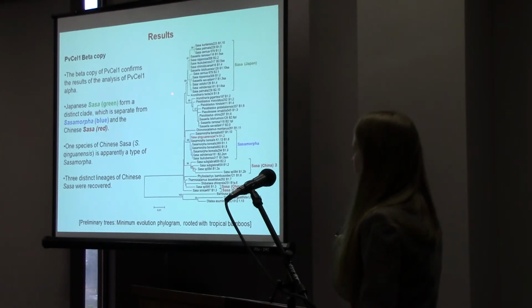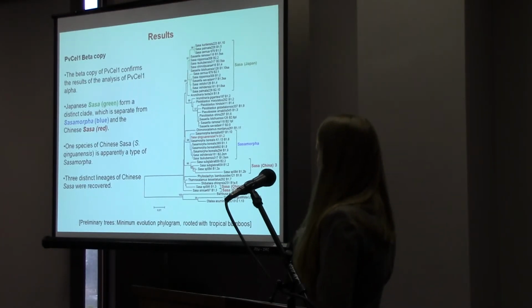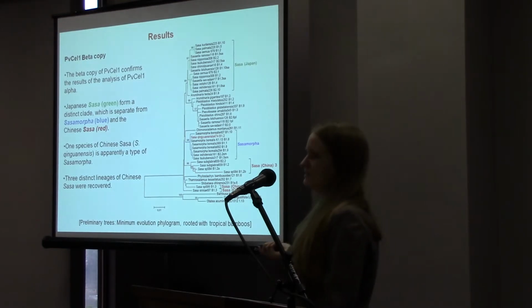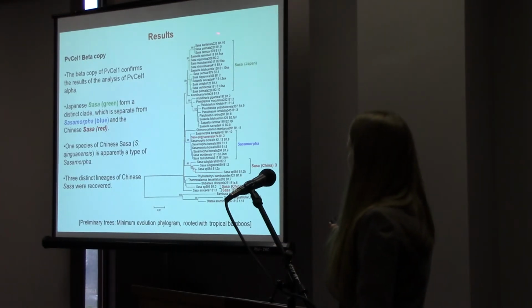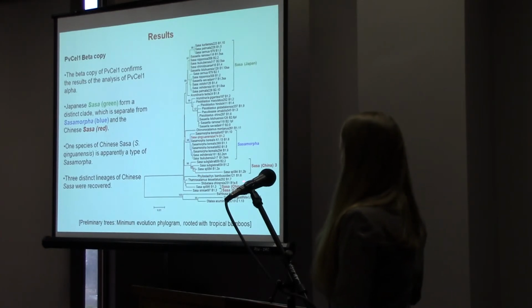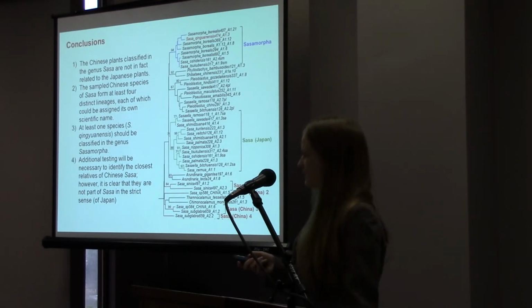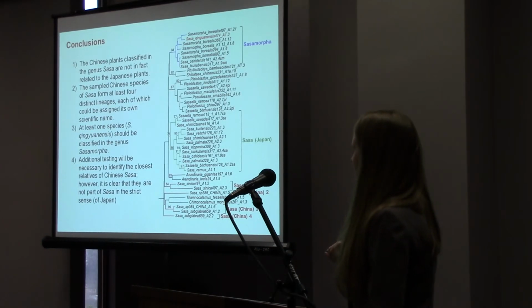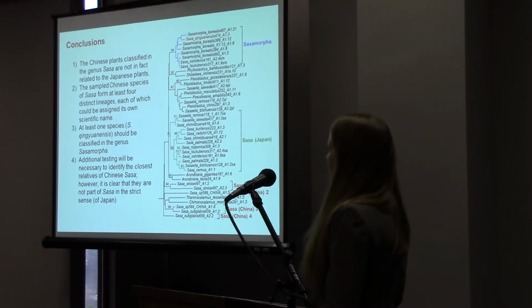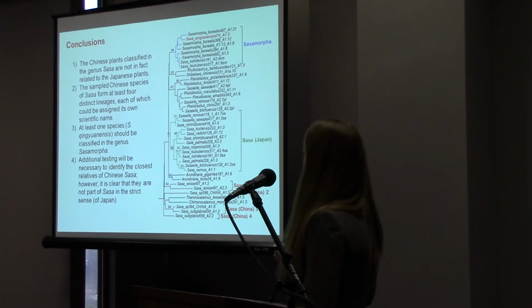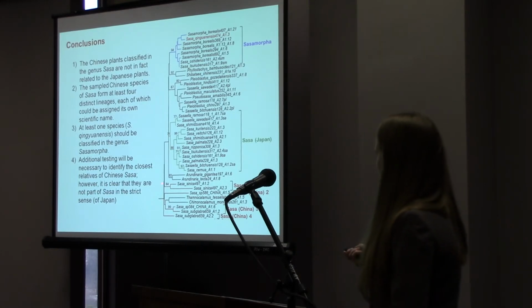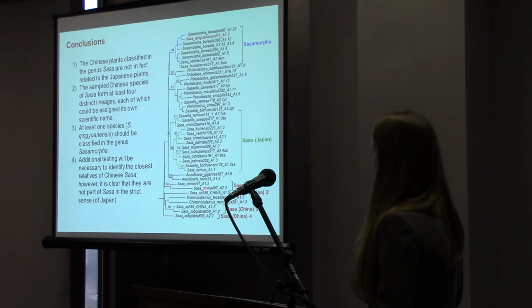These are the results from PVCEL1B, and we pretty much saw the exact same information: the Japanese Sasas formed a single clade, the Sasamorpha formed a clade, including Sasa chuanensis, and the Chinese Sasas formed individual clades. So in conclusion, the Chinese plants classified in the genus Sasa are not in fact related to the Japanese plants. As you can see, they form a distinct set of clades down here.